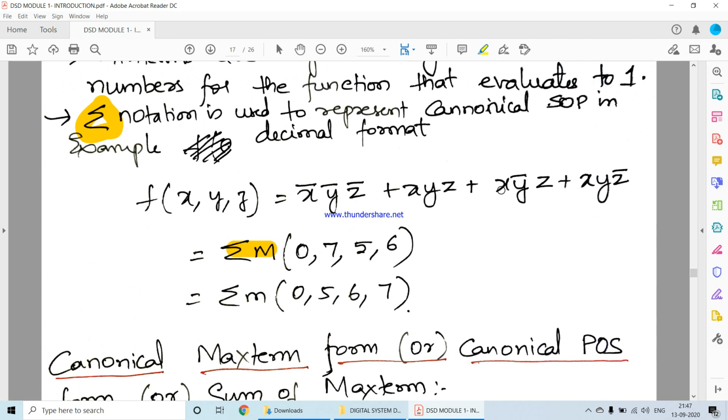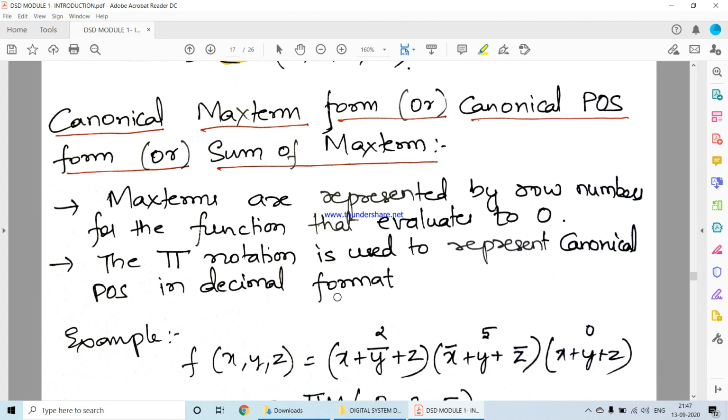Now x is 1, y is 0, z is 1. 1 0 1 is 5. x is 1, y is 1, z is 0. 1 1 0 is 6. So I'll just write in a proper order. So summation m of 0, 5, 6 and 7. So this is the minterm for this particular expression.